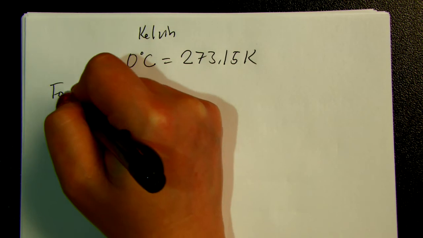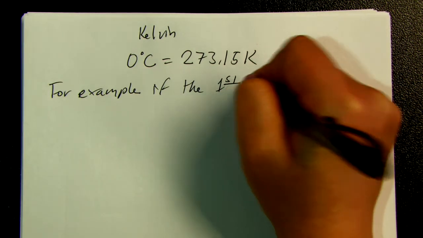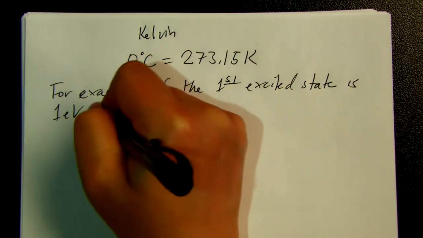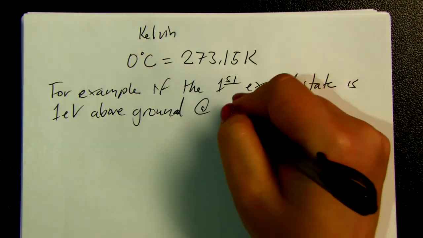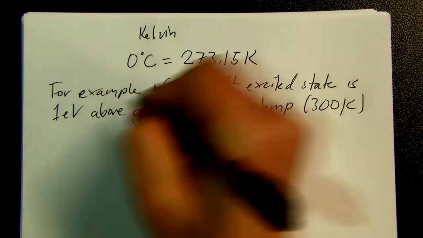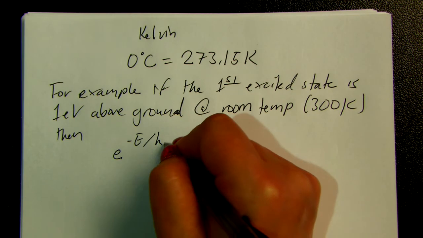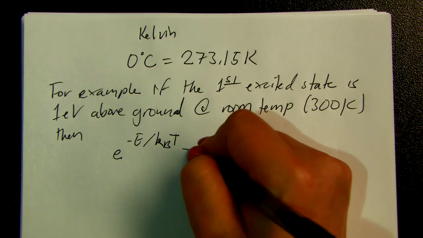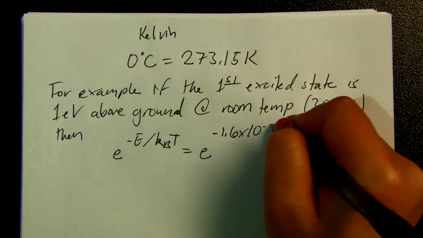So for example, if the first excited state is 1 eV above ground, at room temperature, so that would be 300 Kelvin, then e to the minus E over k_B T is equal to e to the minus 1.6 times 10 to the minus 19 joules.